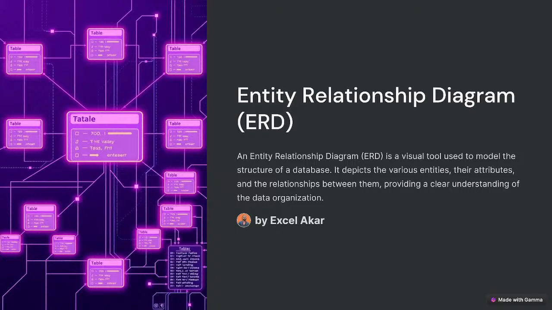Let's say another table, a column describes each unique item in the table, the name, and so on and so forth. So the relationship between them provides a clear understanding of the data organization. The ERD allows you to visually see how each table connects to each other. That's the ERD for you.